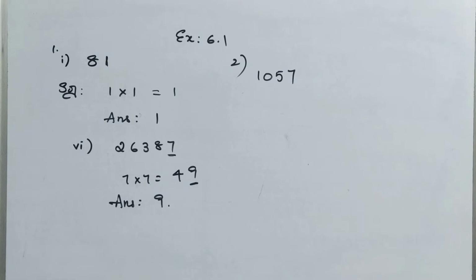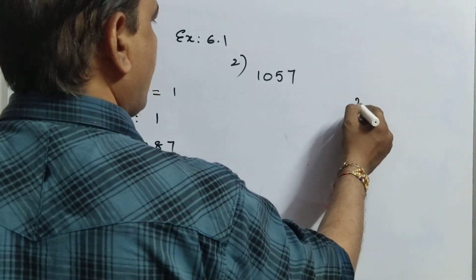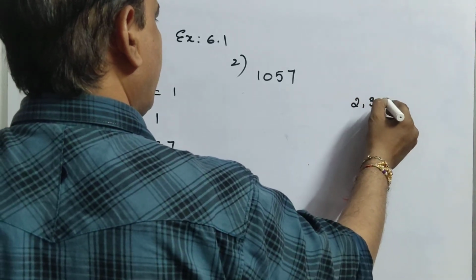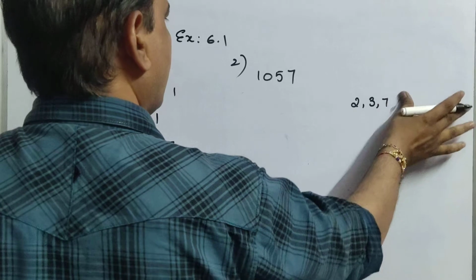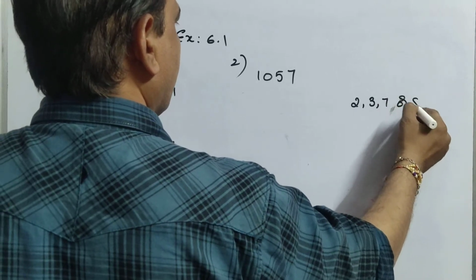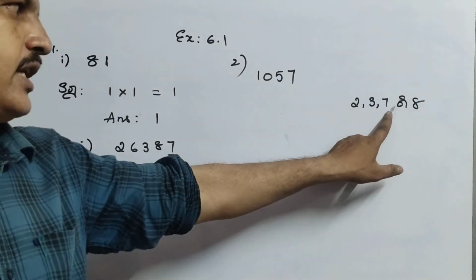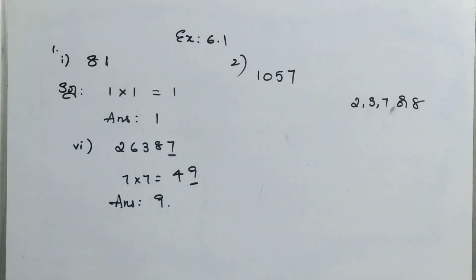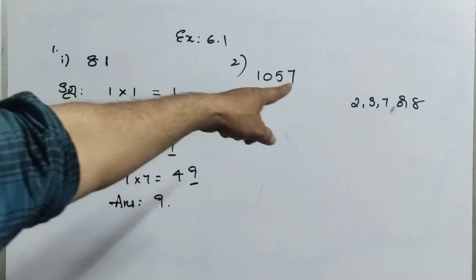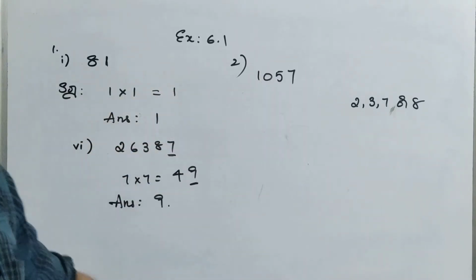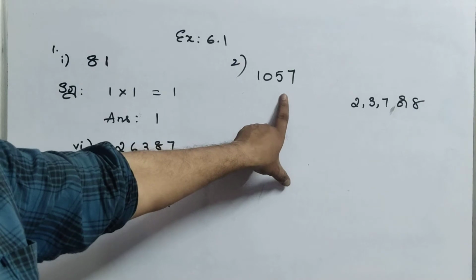Now as we discussed, if the number ends with 2, 3, 7 or 8, if you clearly observe that 2, 3, 7 or 8 is in the units place, then we can say that it is not a perfect square.